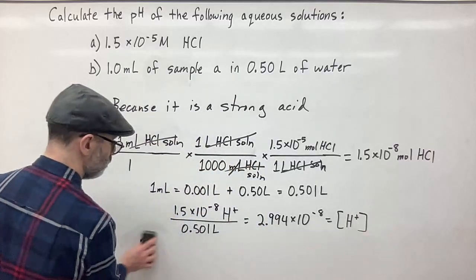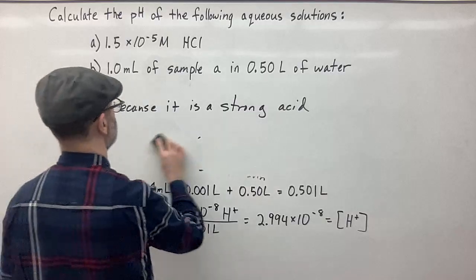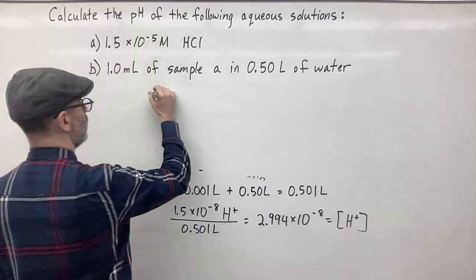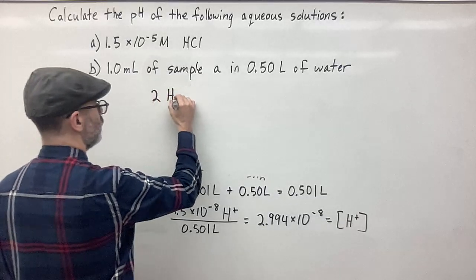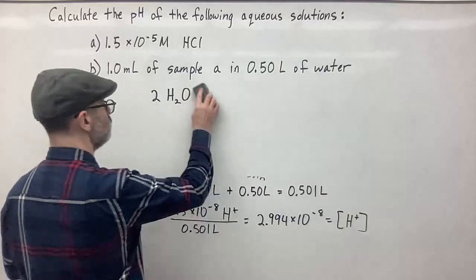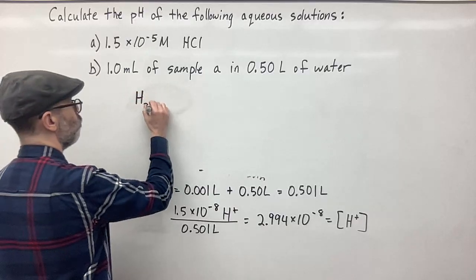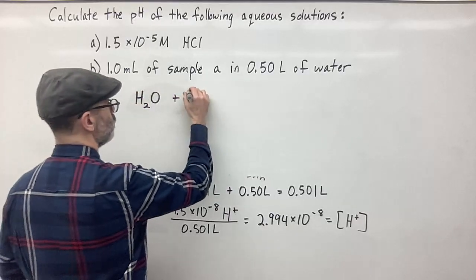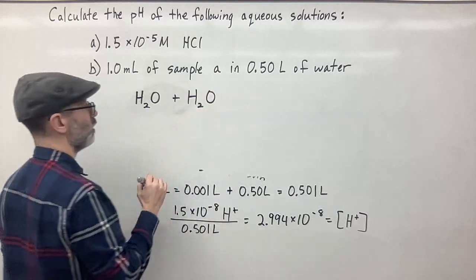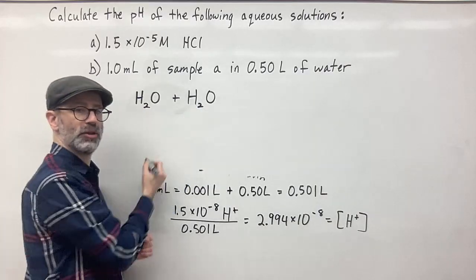So I'm going to erase this, and we'll set up our auto ionization of water. So we have 2 H2O, let me write that out so it's clear. The auto ionization of water is where you have one water molecule acting as the acid, and another water molecule acting as the base, and you get a transfer of a hydrogen from one water molecule to the other.